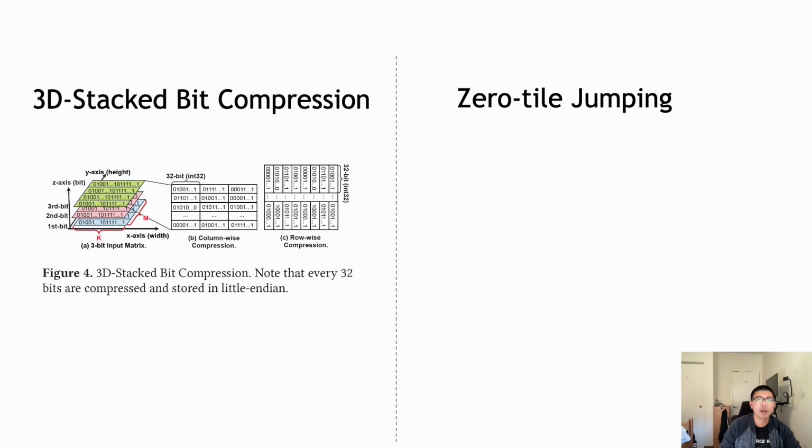And the figure below shows the case where a 3-bit input embedding matrix is decomposed into 3 different 1-bit input matrices, where the elements from each 1-bit input matrix are stored continuously. And the 3 1-bit input matrices are stacked together.